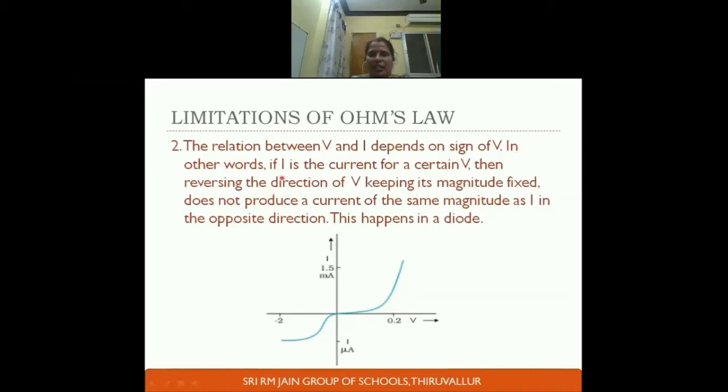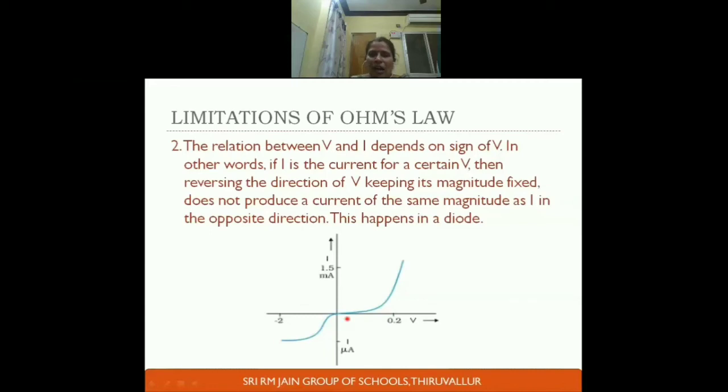If I is the current for a certain V, then reversing the direction of voltage, keeping its magnitude fixed, does not produce a current of the same magnitude as I in the opposite direction.